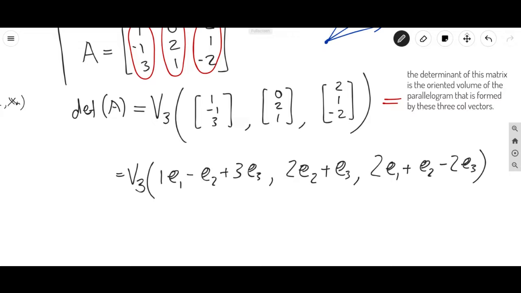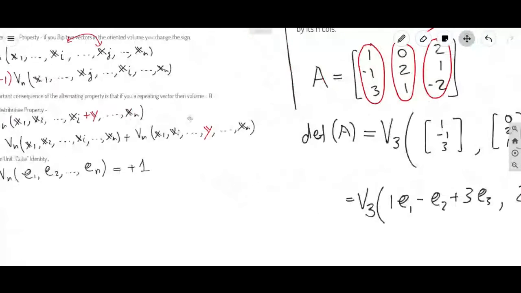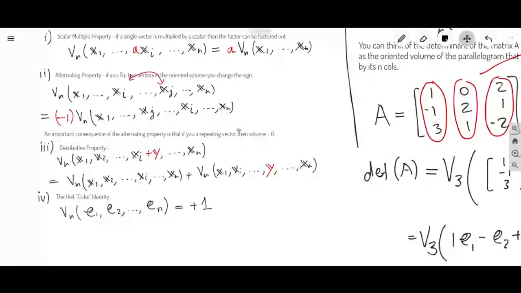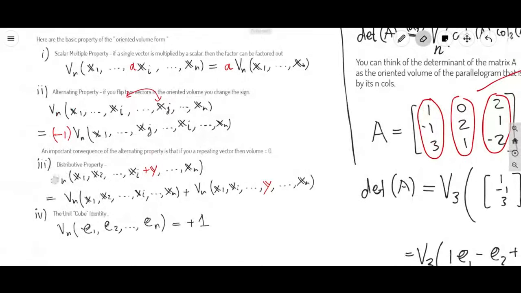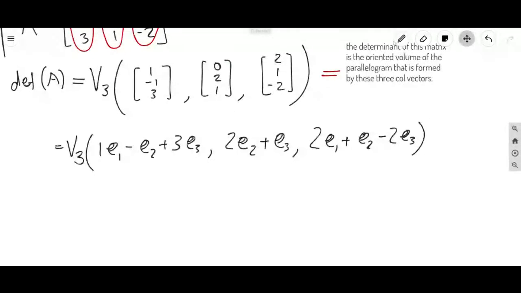And now what we do is we use all of these properties together at once. The property that we're going to use a lot is the distributive property. It's almost as if you're multiplying things out. The distributive property says you think of this as some kind of product.